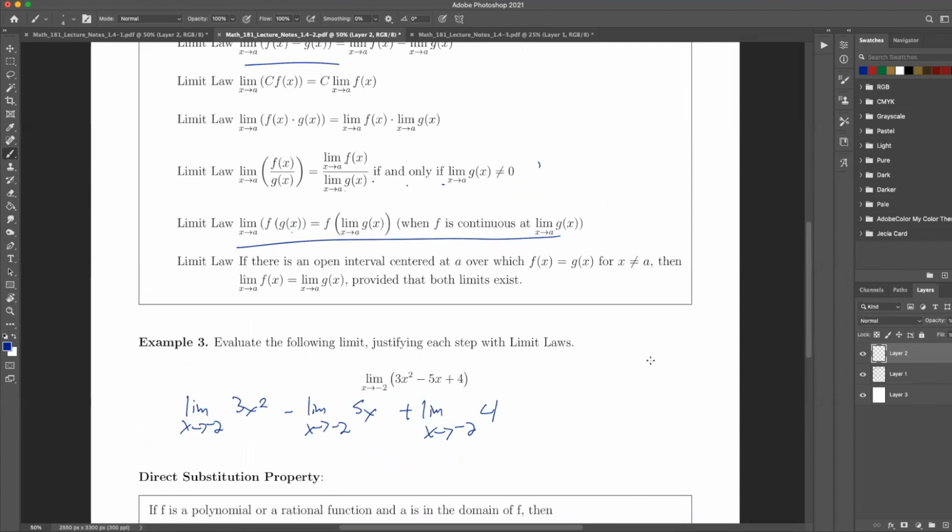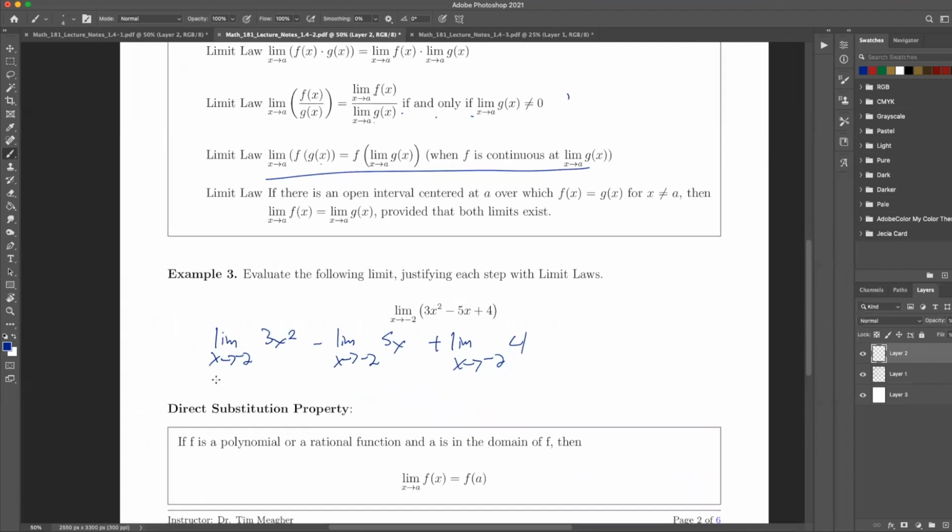The second thing I need to do is now I just need to split it all apart, right? So this is equal to the limit as x approaches -2, and so this will be 3 times the limit as x approaches -2 of x.